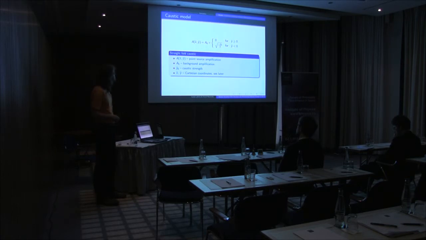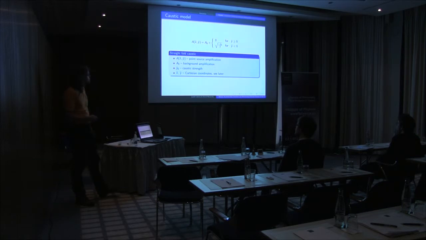Outside the caustic the amplification factor is constant and equal to 0, and inside the caustic we have to add to this background amplification the factor square root of 1 divided by y tilde, where y tilde is our coordinate system connected to the caustic, and y0 is the caustic strength.